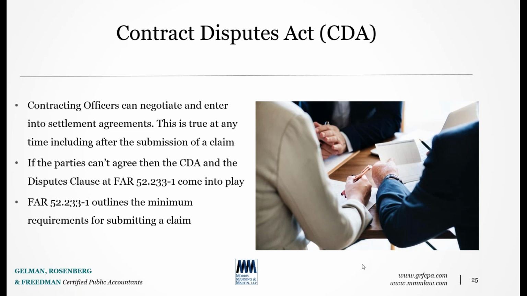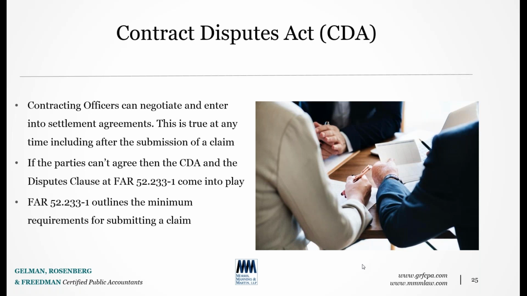In addition, some agencies will agree to enter into an alternative dispute resolution process to try and resolve the issue. Some contracts even require that you go through the ADR process prior to filing a claim. So if you have an audit report, you need to review your contract and see if there's an ADR provision first before going to the next step, which is filing a claim.